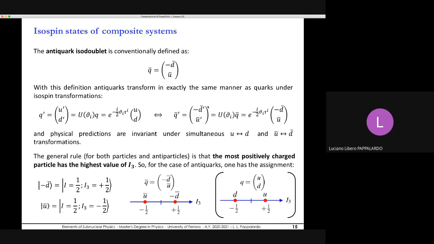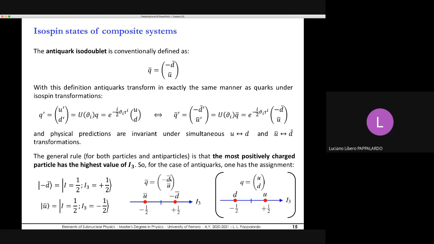The general rule for both particle and antiparticle is that the most positively charged particle has the highest value of the third component of isospin. In the case of quarks, the charge of the up quark is plus 2/3, so it comes with the highest value, plus 1/2, whereas the charge of the down quark is minus 1/3, and so it gets the negative projection. For the antiquark, the charge is inverted.